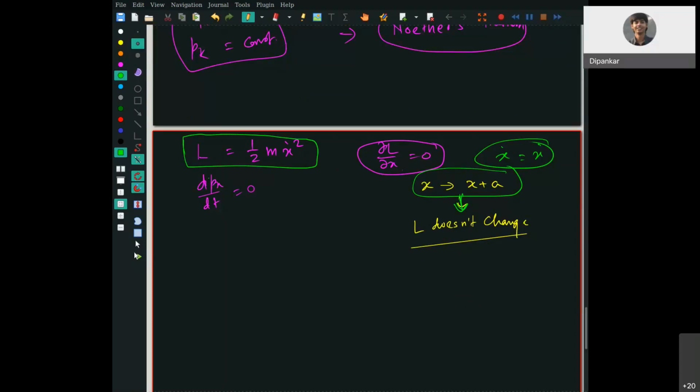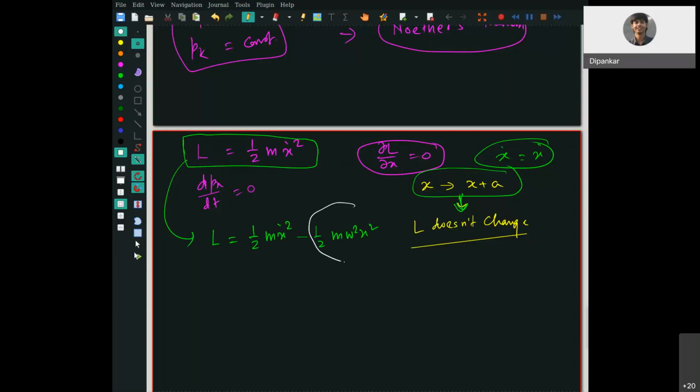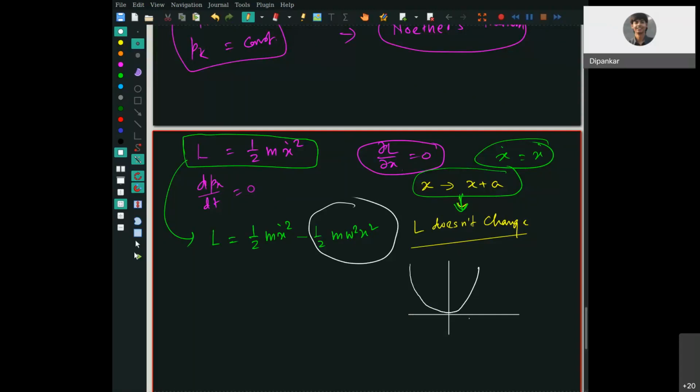Now pay particular attention to this. You need to be familiar with this language if you are to go further. In other words, if I have, say, a simple harmonic potential, half m omega square x square, by having this thing itself, I know that there is a preferred choice of origin. By writing this, you are saying that your potential is 0 at x equals 0, so you have to choose your origin here.